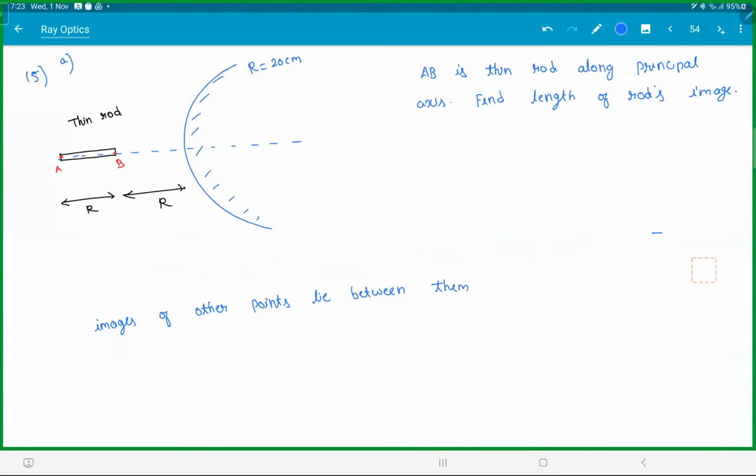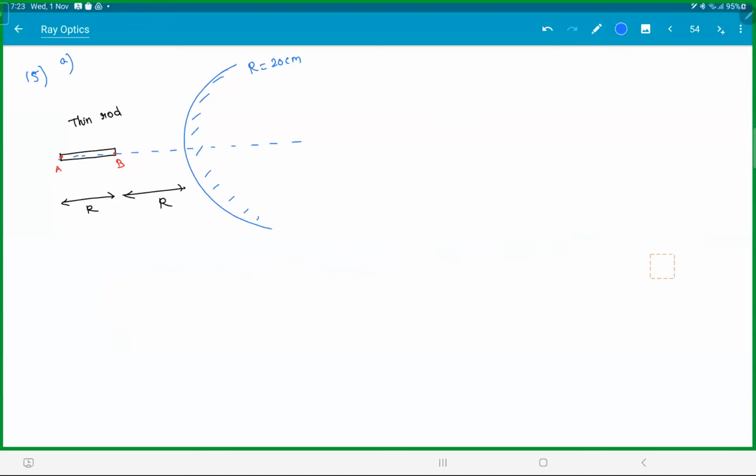So this is what we do. Consider we have an image like this. This will be A dash, this will be B dash. So treat each one separately. First, let's do for A. For A, what is U?